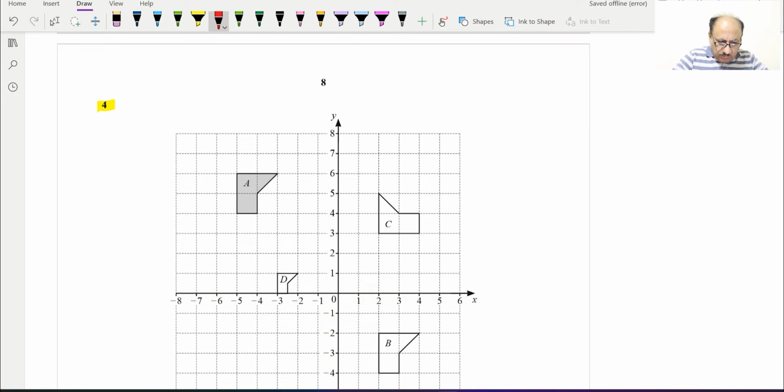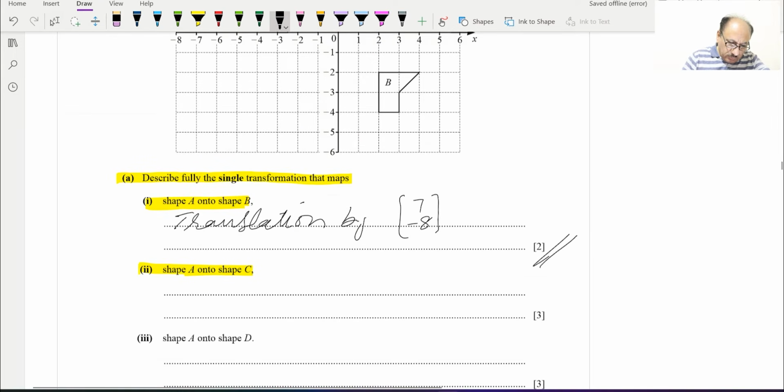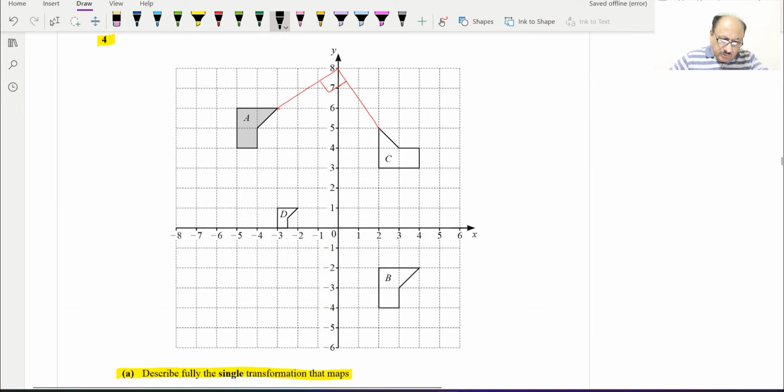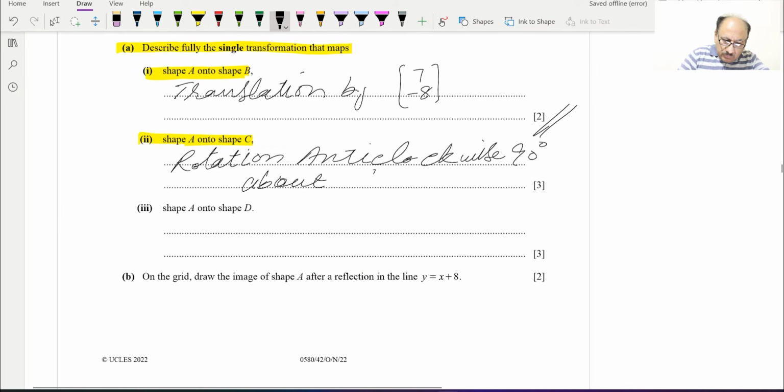If we check from here, this will be the center of rotation, and it is rotated like this, anti-clockwise, and this is 90 degrees. So we write rotation 90 degrees anti-clockwise about the point 0 and 8, and this is for 3 marks.